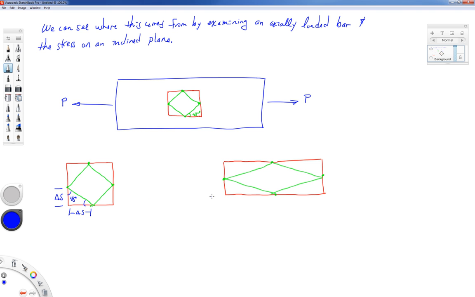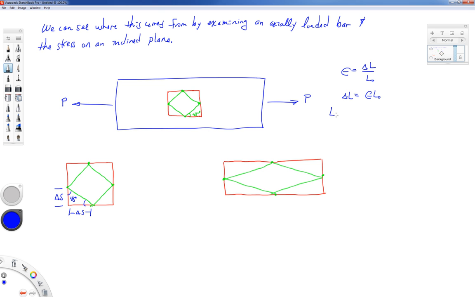When it stretches out, the lengths of the sides of that triangle change. Now we know that the strain is the change in length divided by the initial length. So if I rearrange this, I can say that the change in length is equal to the strain times the initial length.